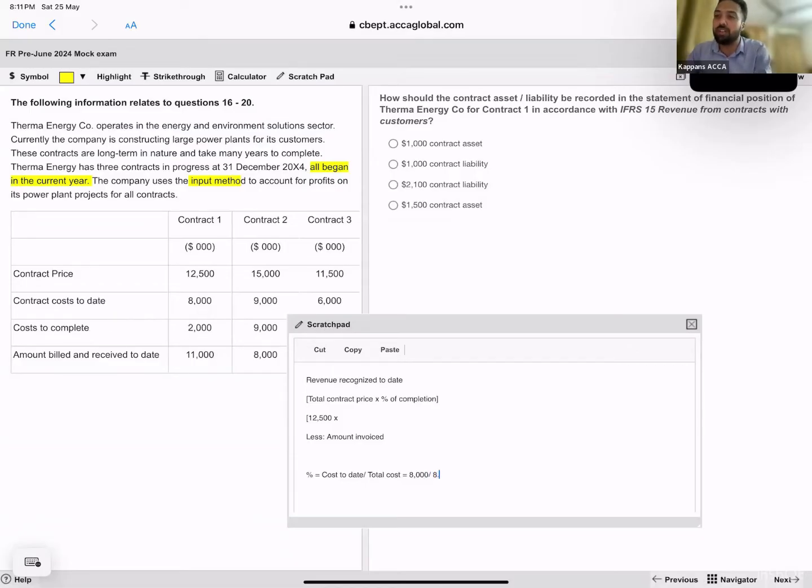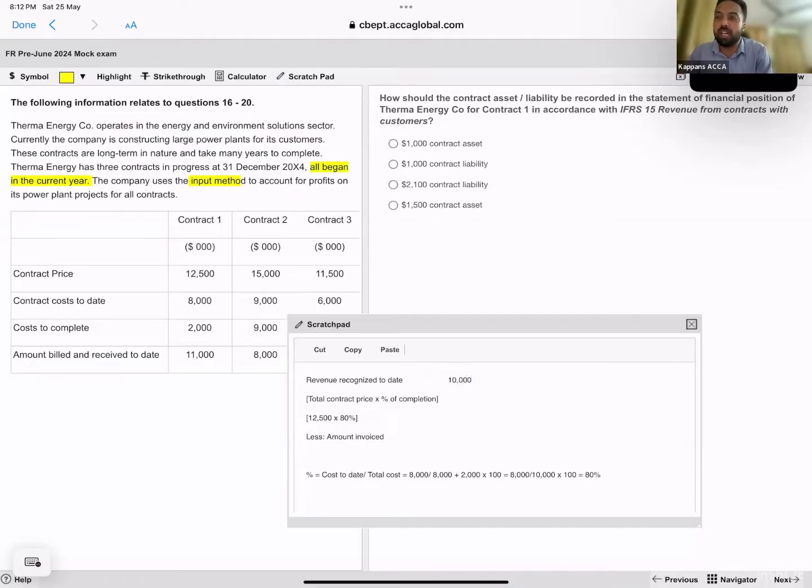So cost to date 8,000 plus cost to complete 2,000, total cost is 10,000, into 100. That is equal to 80%. So 12,500 total contract price multiplied by percentage of completion, 80 percent, equals $10,000.